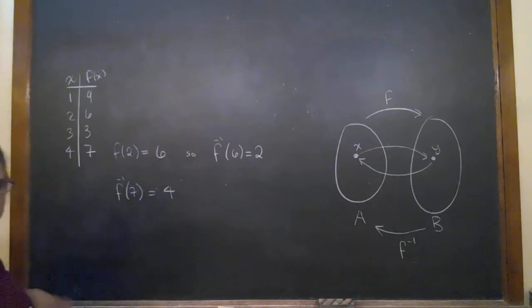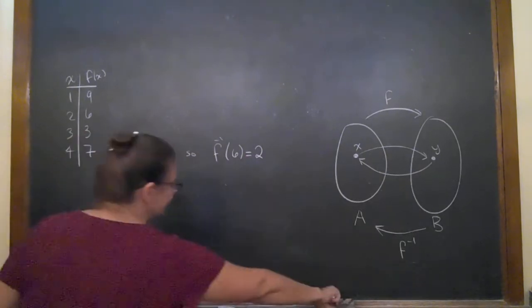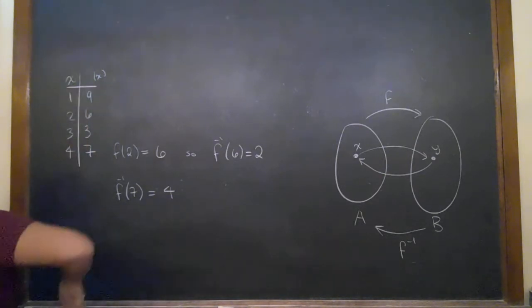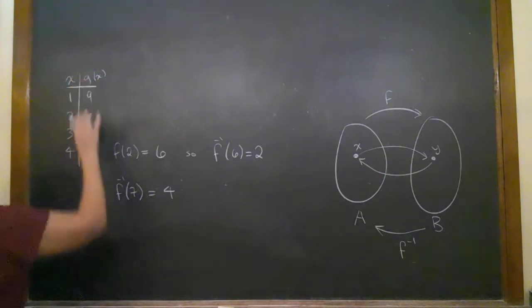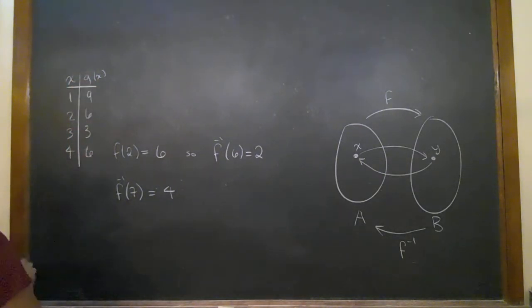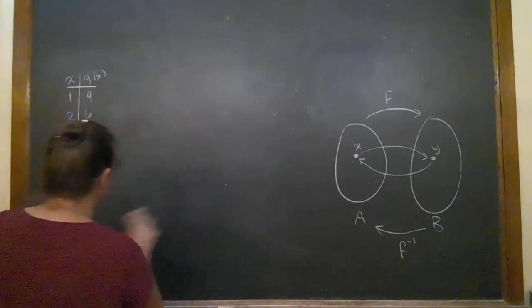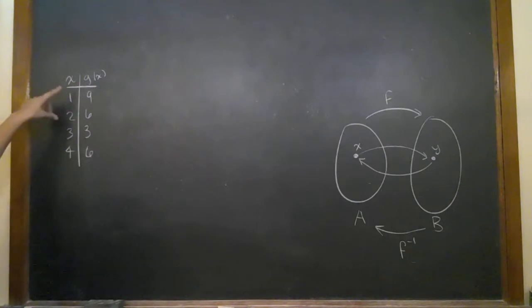Nothing hard about that. But look what happens if I change my function slightly, and we're going to call it g. And I'm going to change it here. G is still a function, right? Because each point here is mapped to a unique one.